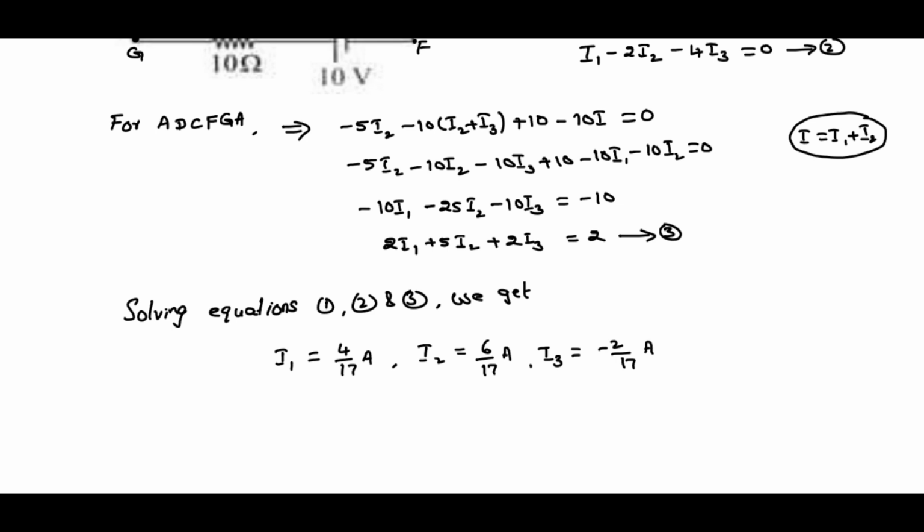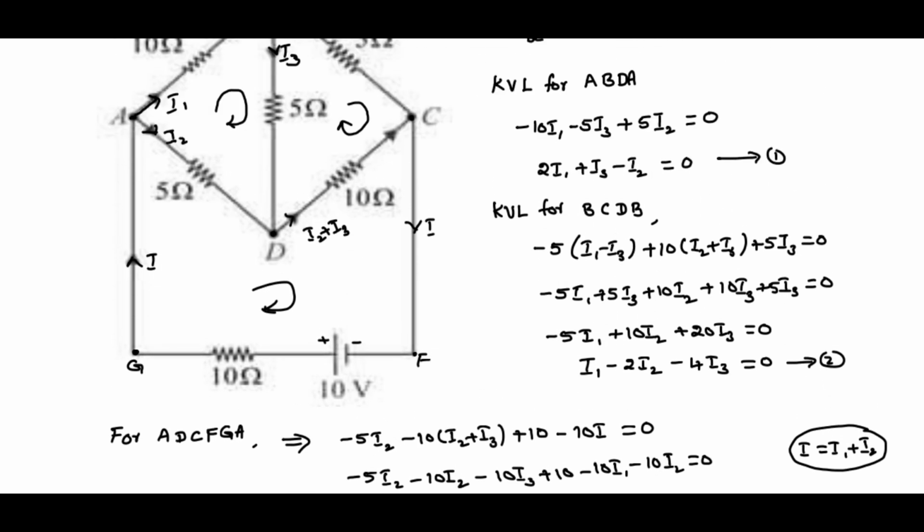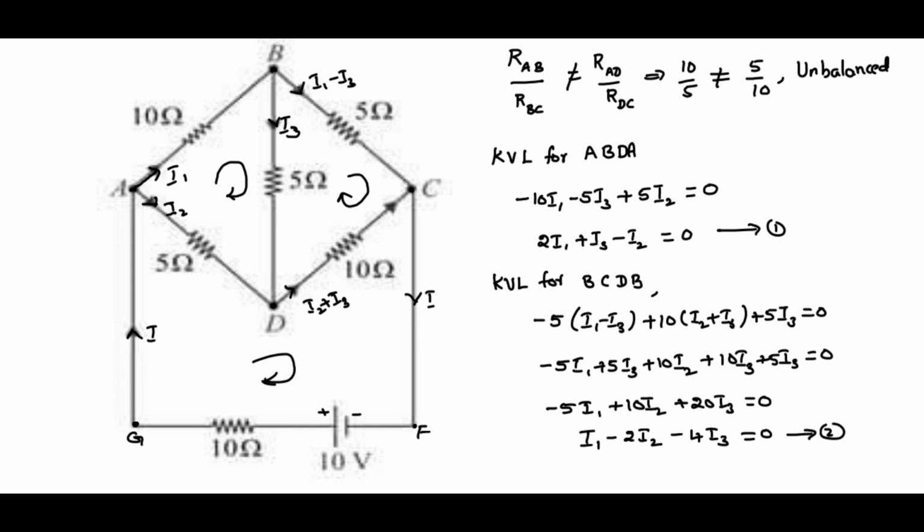Here I1, I2 values we are getting positive. That means the current flows as we have shown here. But in the case of current I3 we got negative. We have shown in this diagram from B to D. That means the current is actually moving from D to B. That's why we got the negative sign.